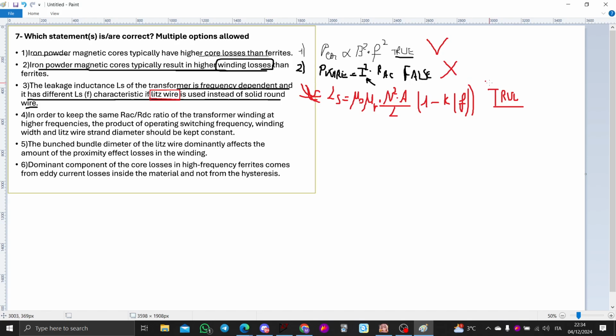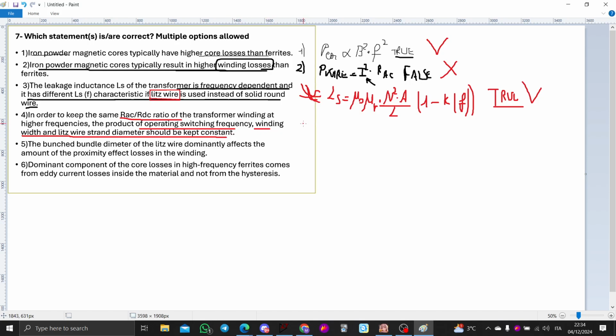True, false, true. Then, in order to keep the same RAC over RDC ratio of the transformer winding at higher frequency, the product of operating switching frequency, winding width, and Litz wire diameter should be kept constant.